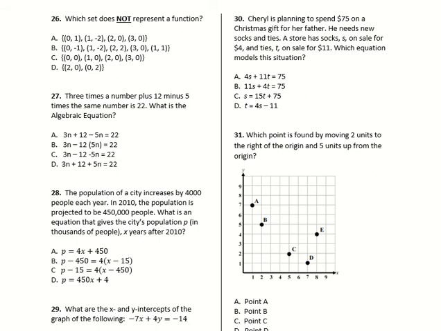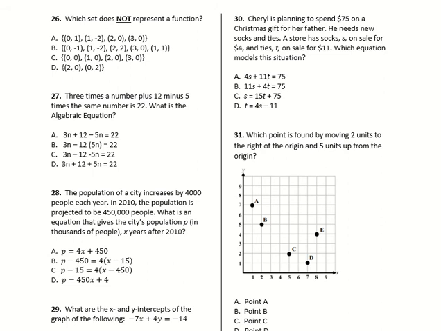27. 3 times a number plus 12 minus 5 times the same number is 22. What is the algebraic equation? A, 3n plus 12 minus 5n equals 22.